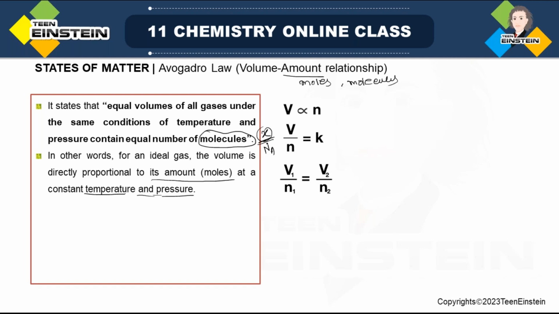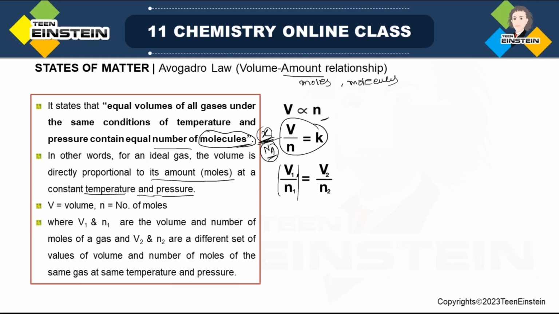That means equal volume means equal number of molecules, and you can also say equal number of moles, because X and n are directly related, with Na as the conversion factor. Because of this constant, X and n change with volume in a similar fashion. So V is proportional to n, so V by n will be some constant. And if you consider any two states, initial state 1 and final state 2, then V1 by V2 equals n1 by n2, or V1 by n1 equals V2 by n2.